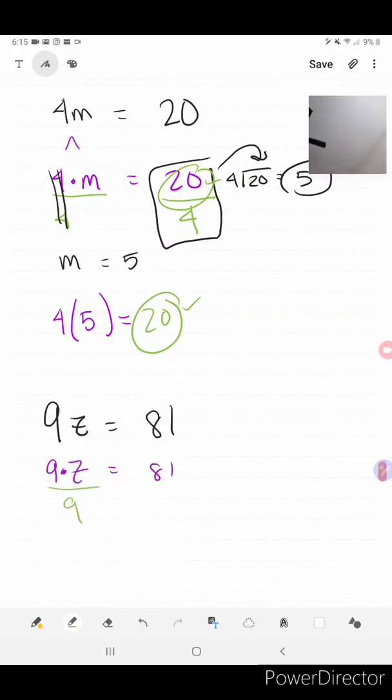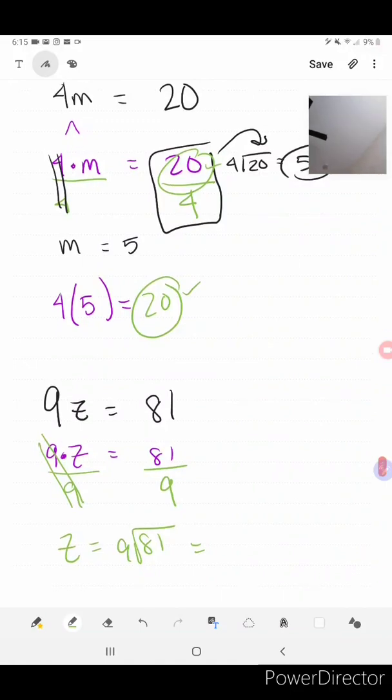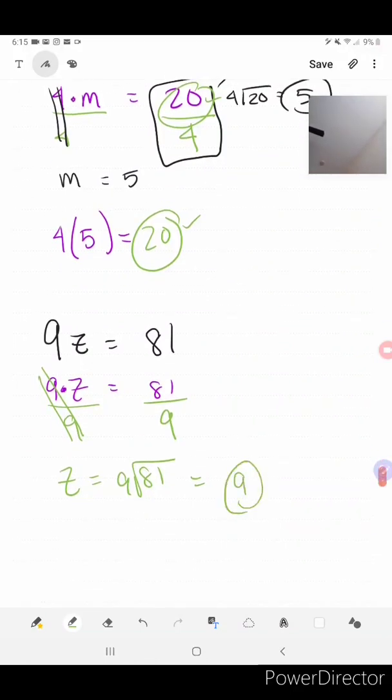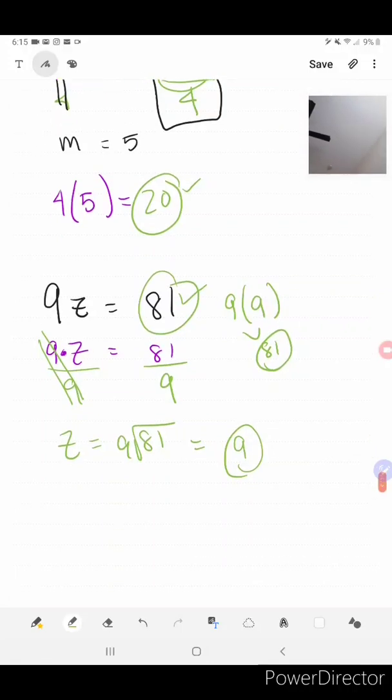So you divide, that cancels, divide. So z equals 81 divided by 9. 81 divided by 9 is 9. If you take 9 and replace z with 9, this is 9 times 9, which is 81. Okay?